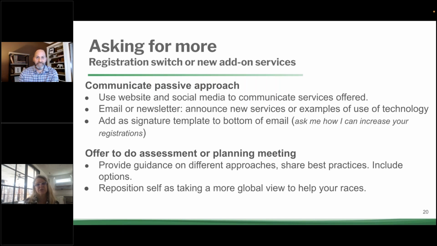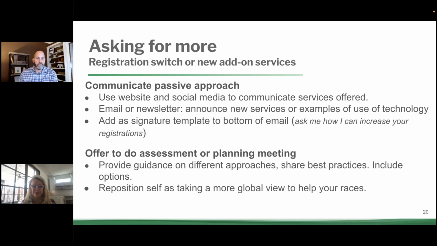And then, asking for more. I know a lot of times I talk to timers and they say, I've already got this. It's hard to ask for more. So when you think about different approaches, and again, don't feel like you have to do this yourself. Feel free to tap into our team as well. Some of the things that I see people do are using your website and social media to communicate the types of services you have to offer. That's more of a passive approach.